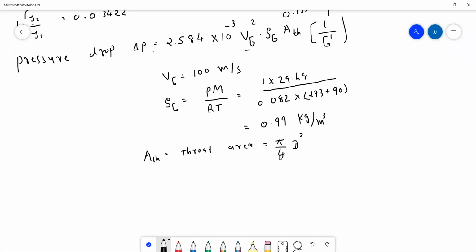So we need to calculate what d is here. Let's say this is di, the inside diameter of throat.